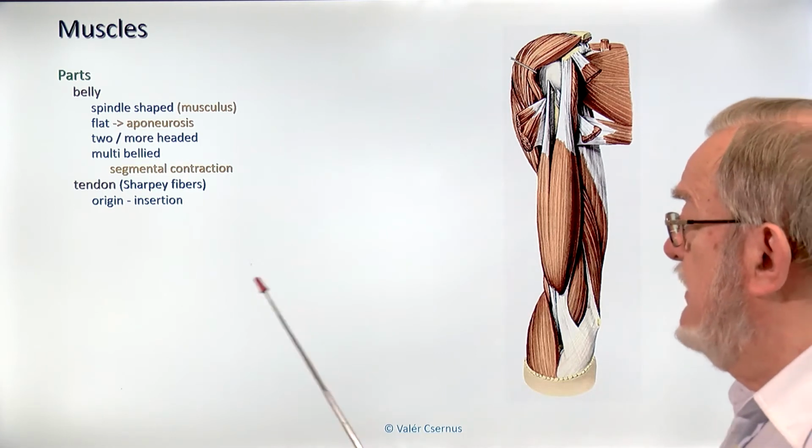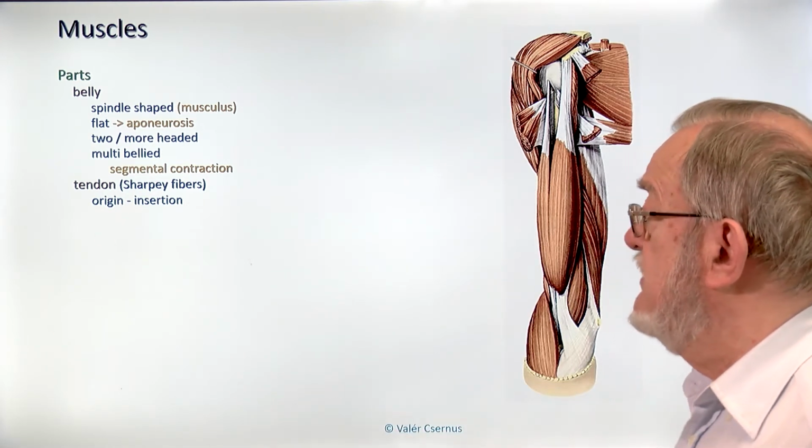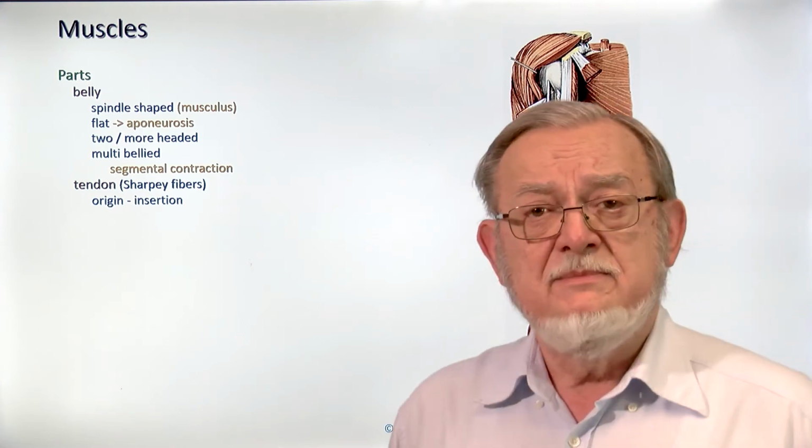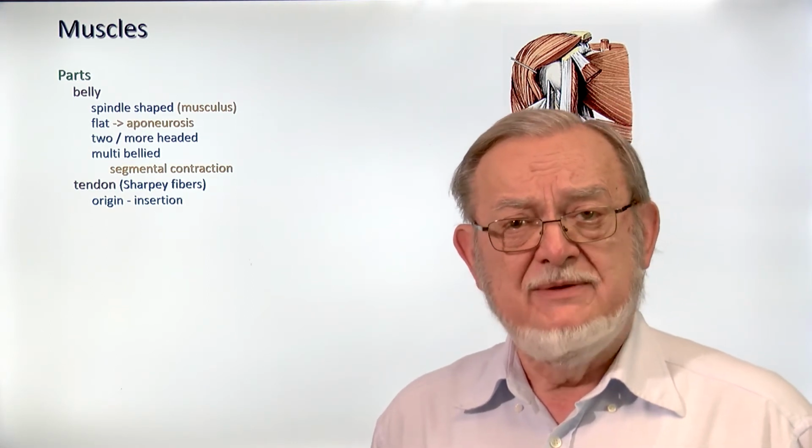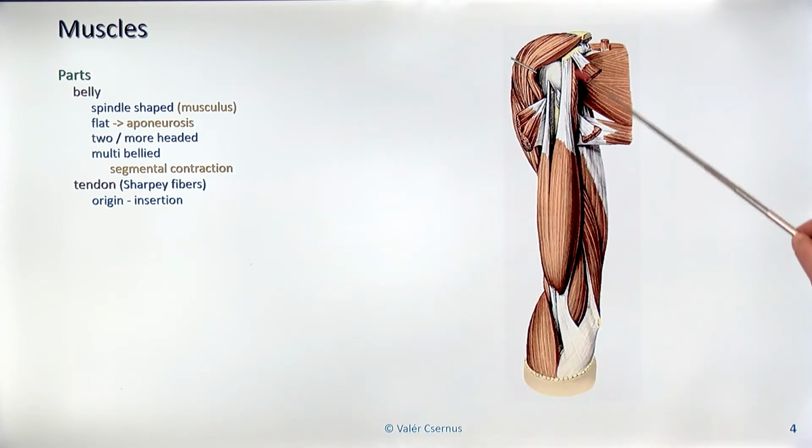You have to be familiar also with a pair of terms, origin and insertion. This simply means the two points where the muscle is connected to the bone via the tendons. One end is named the origin, the other attachment point is named the insertion.